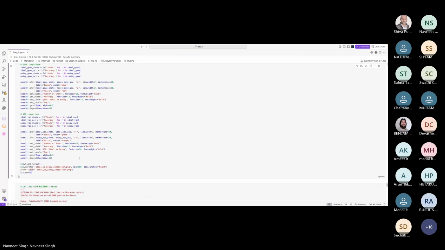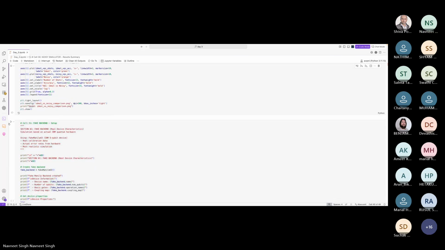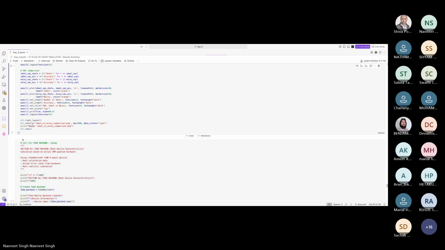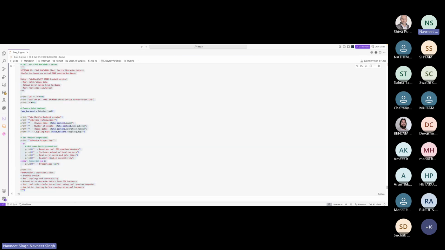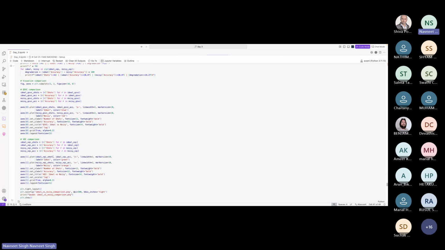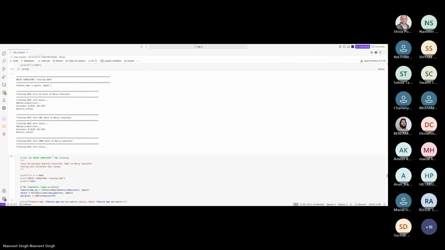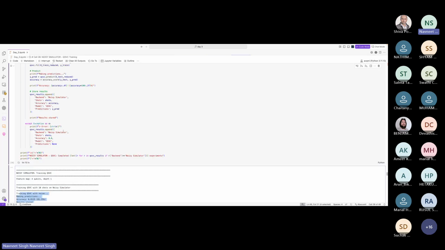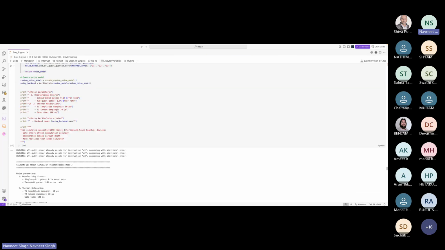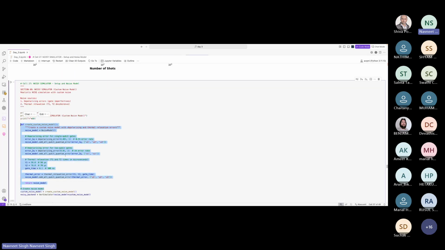This will definitely take longer. Yeah, there is no change with VQC. Even though we are using some noise, if you increase the percentage of noise, it will behave differently.